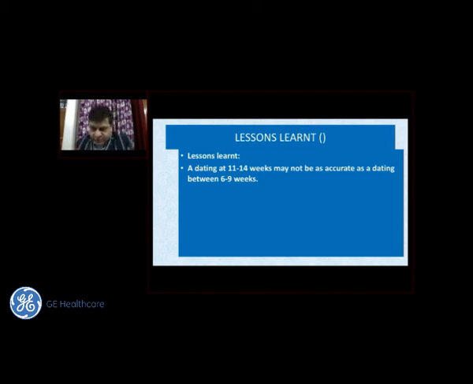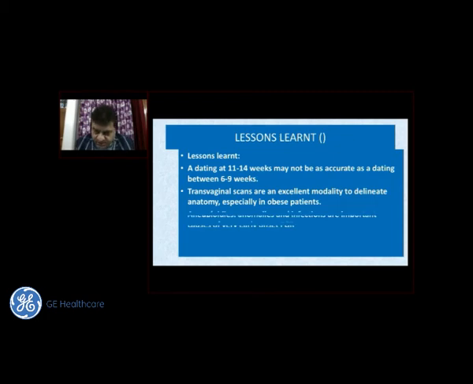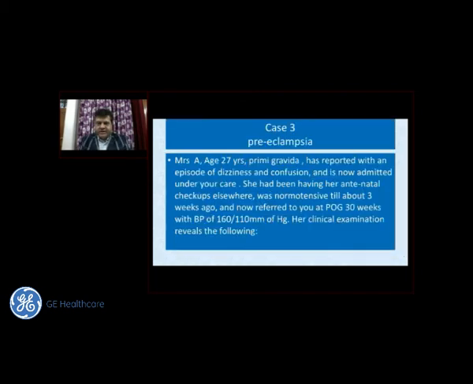It's not a 100% rule that an 11 to 12 week scan is the golden standard for dating. Sometimes you need to go to an earlier scan as well. Also, transvaginal scans are excellent modalities to delineate anatomy, especially in obese patients and especially when we are suspecting some abnormalities. And please remember, aneuploidies, anomalies, and infections are important causes for very early growth restrictions.